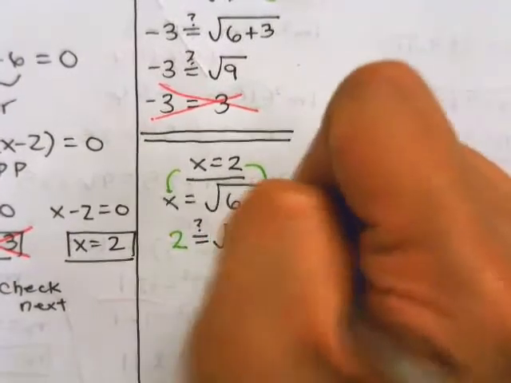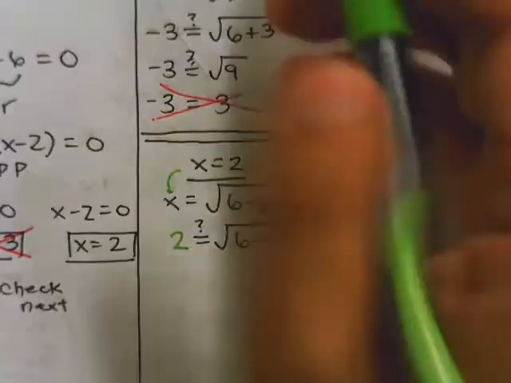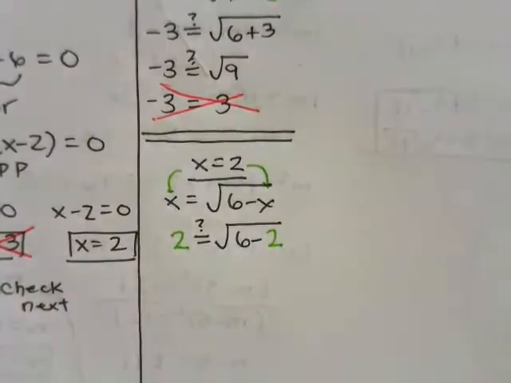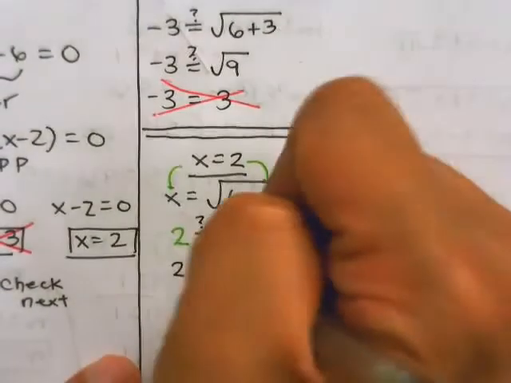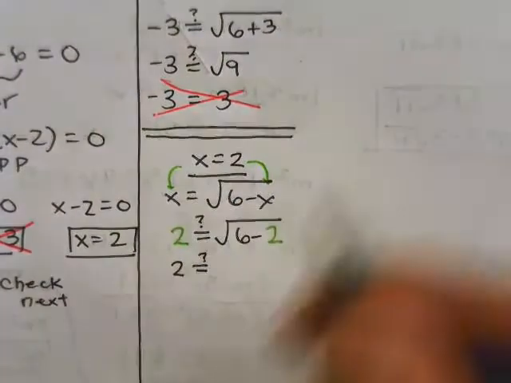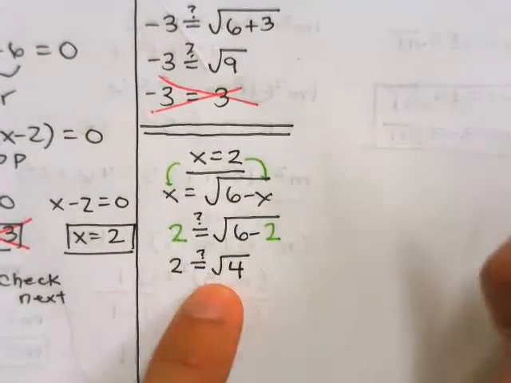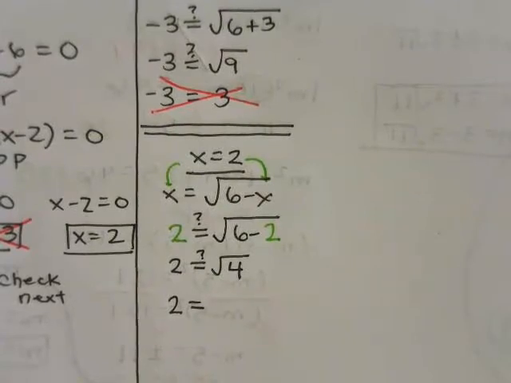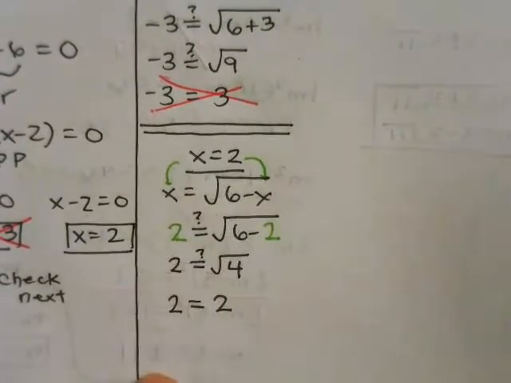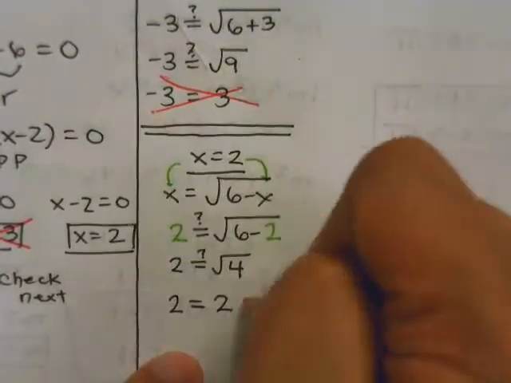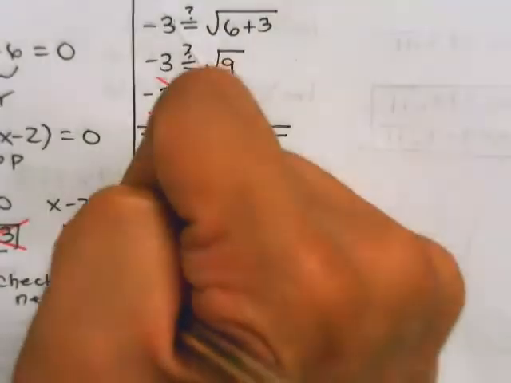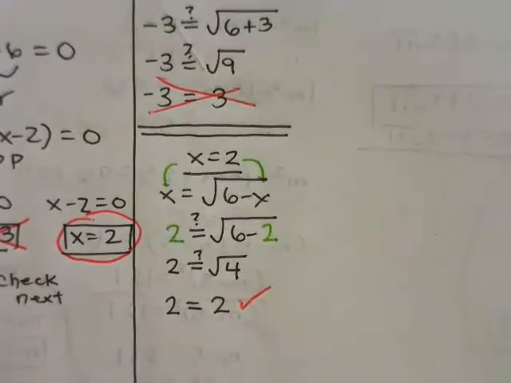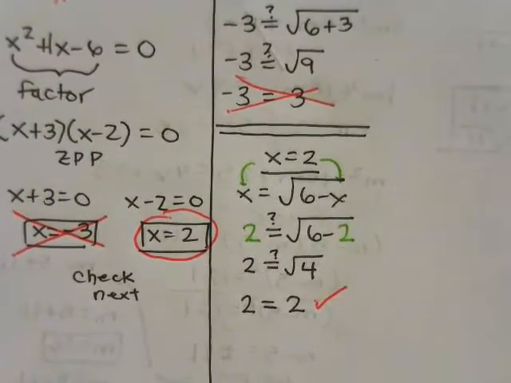We don't know if they're equal to each other, the left or the right. 2 is equal to, we don't know, the square root of 4. We take the positive square root. Square root of 4 is 2. This checks out. So we are going to accept this answer and reject -3. Okay, so your only answer is x equals 2.